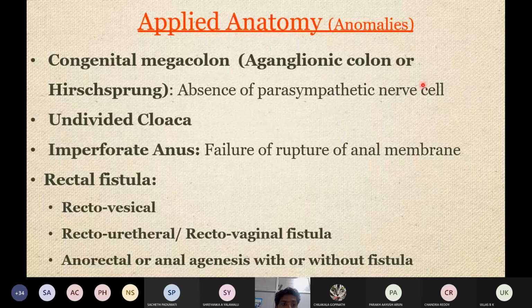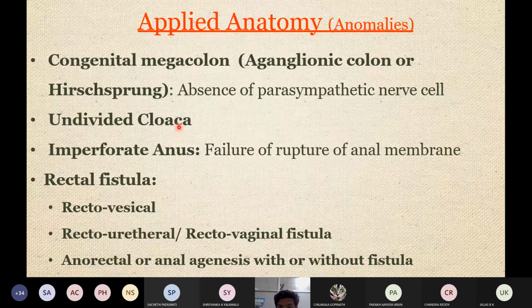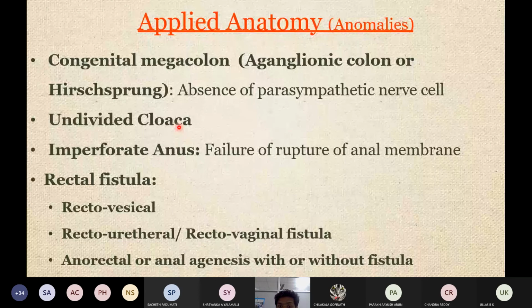Okay, and undivided cloaca. Undivided cloaca is where the cloacal membrane which I was talking about is not divided at all. Then imperforate anus, where the anal membrane, or the proctodeum, which I told you about, is not ruptured.